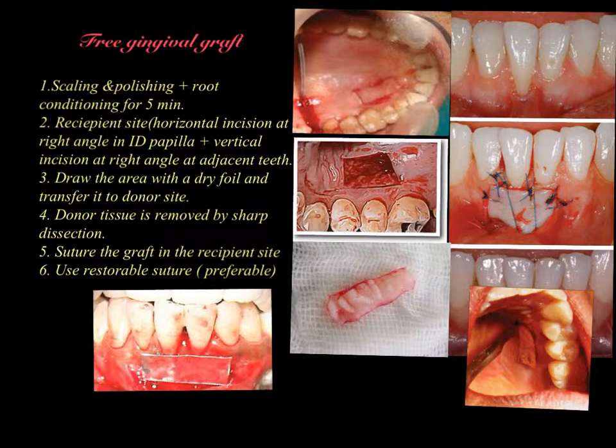Also, the size of the graft needed depends on the amount of root coverage required and should be measured using a periodontal probe or, as I mentioned, a sterile foil template. The graft tissue harvested should be approximately 33% greater than the amount required.